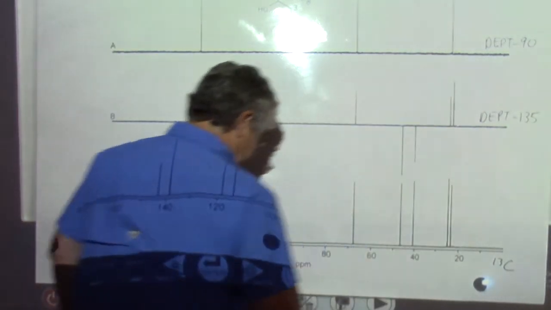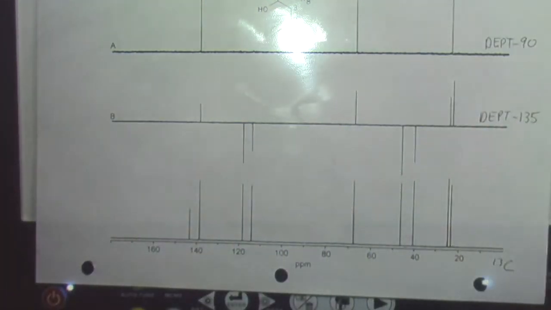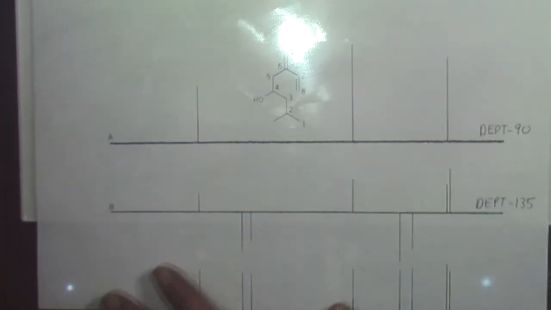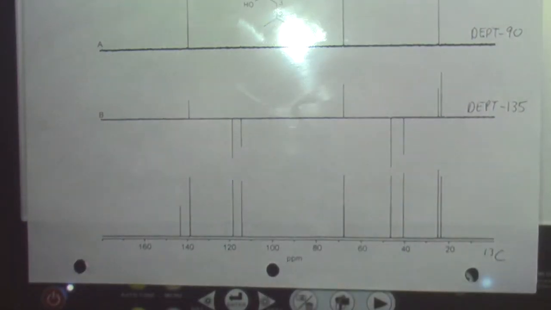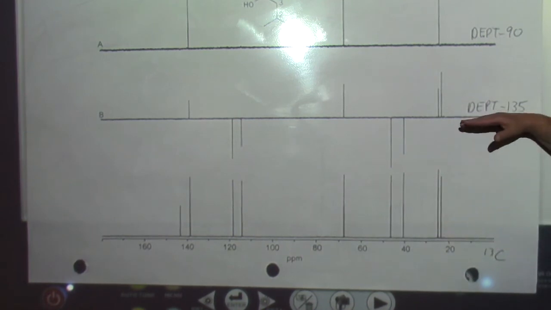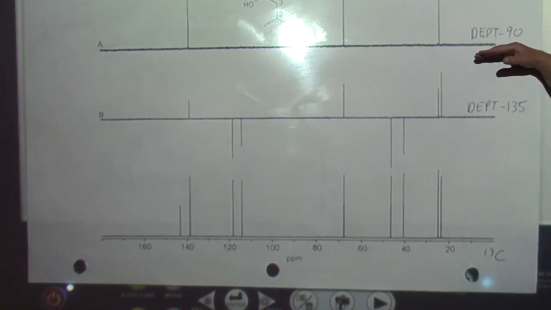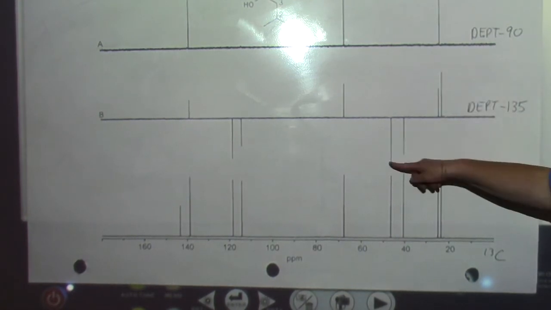So if you haven't printed it out, go ahead and print it out. This is a molecule called ipsenol. Okay. And what I have for you is the C13 spectrum on the bottom, and then the DEPT 135 in the middle, and then the DEPT 90 on the top. And so what you can see in the middle is that you have peaks that go up and you have peaks that go down, right?